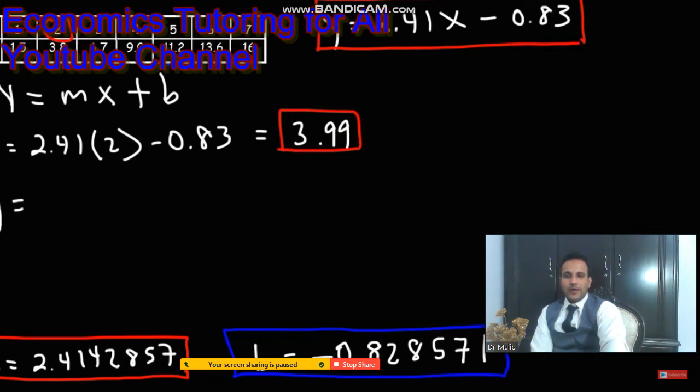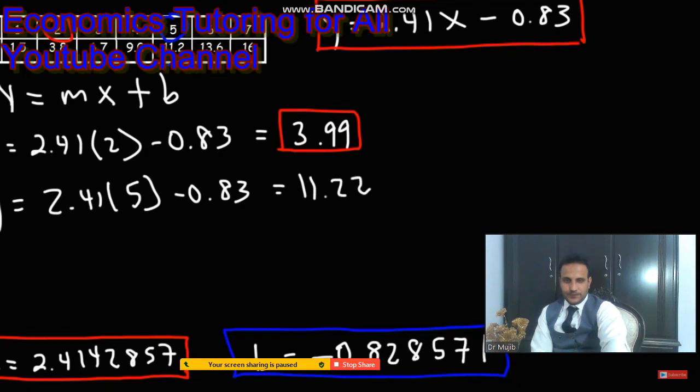We can take any value, say 5, and putting it in the model, that is 2.41 times 5 minus 0.83, the calculated value is 11.22, which is near to the value given in the table.